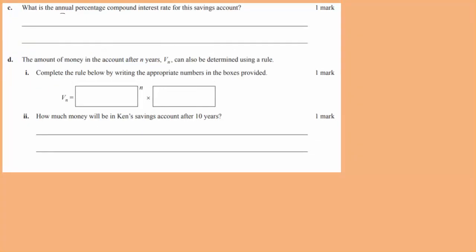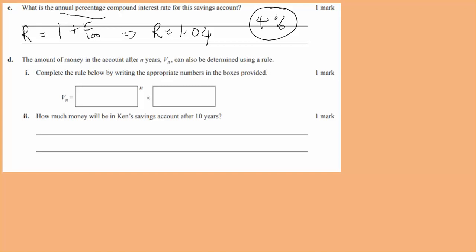What is the annual percentage compound interest rate for the savings? So our annual rate, capital R, is 1 plus r over 100. And R was 1.04. So that's going to be 4%, our answer.